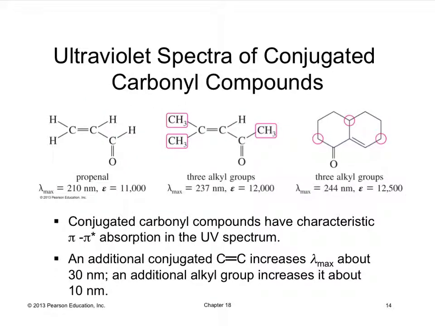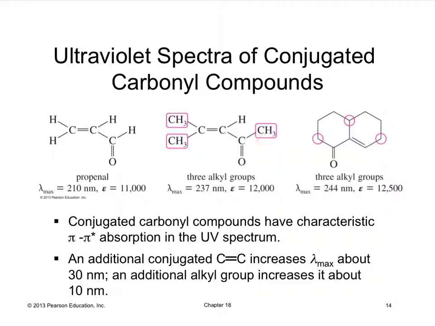If we look at the UV spectra of conjugated carbonyl compounds, they have characteristic pi to pi star absorption in the UV spectrum. Each additional conjugated C=C increases lambda max by about 30 nanometers, and additional alkyl groups increase it by about 10. For propenal, you have a lambda max of 210 due to the conjugation right here.